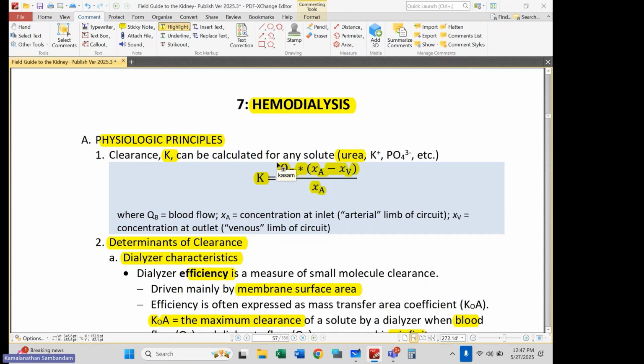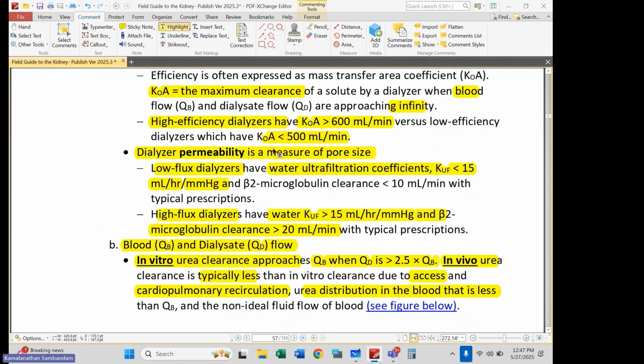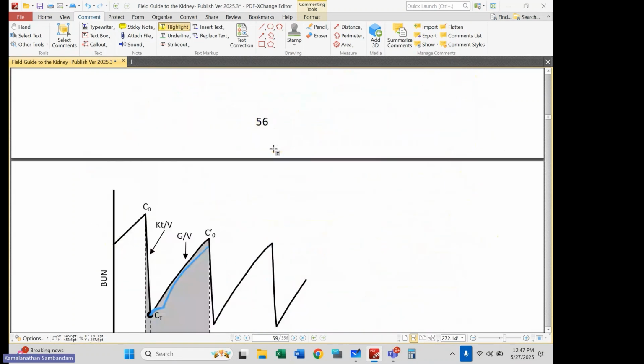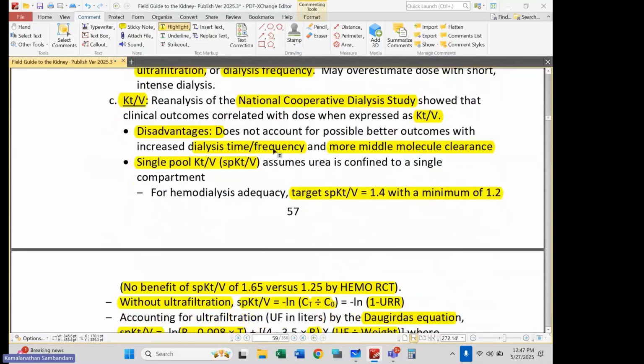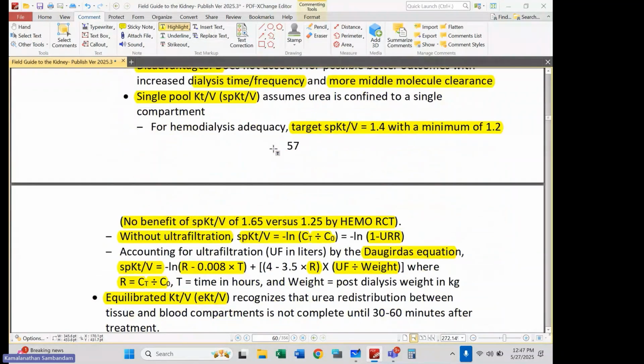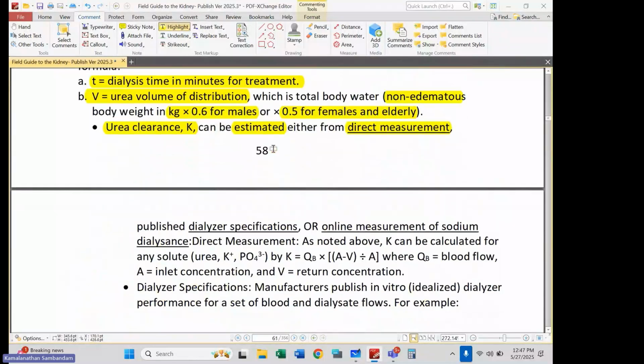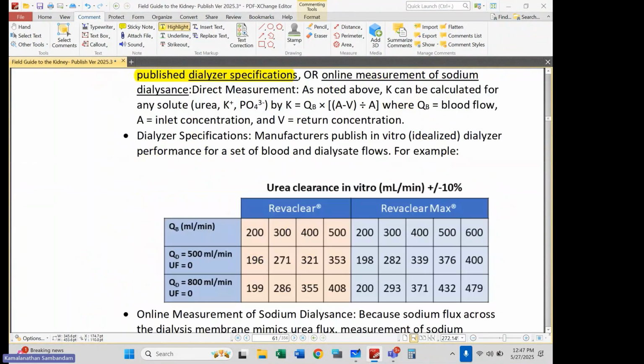That would give me one way to calculate K, the same K that feeds into the Kt/V formula. I can calculate K that way or measure it, right? Okay, that's one way. I can also use the published dialyzer specifications, right?